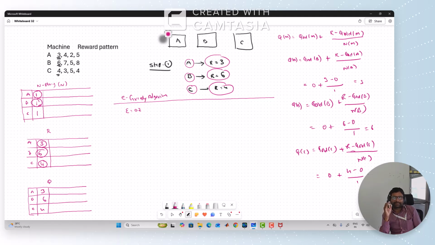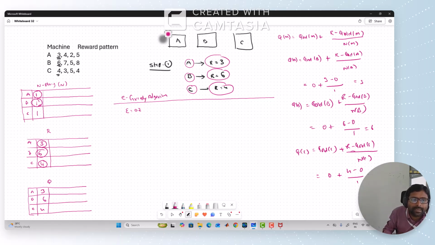If epsilon is small, exploration is happening rarely and exploitation will be frequent, whereas a large epsilon value means more exploration and less exploitation. So the epsilon value helps you balance exploration and exploitation. Generally we prefer more exploitation and less exploration. That's better. So I consider epsilon equal to 0.2.